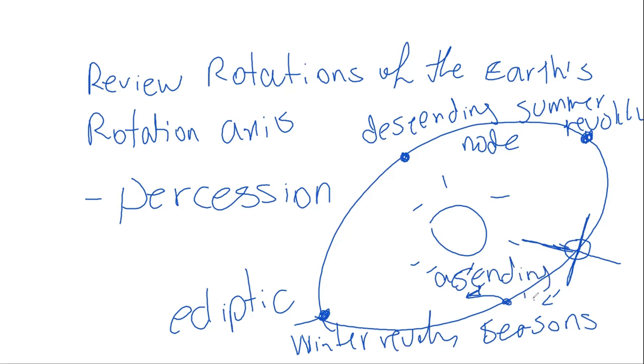When the Earth starts going up from the equatorial plane, this point is also called vernal equinox, which means that again the lengths of the day and night are equal. 12 hours day, 12 hours night.